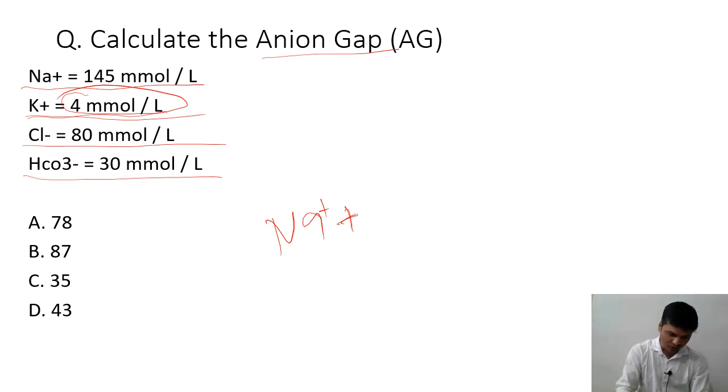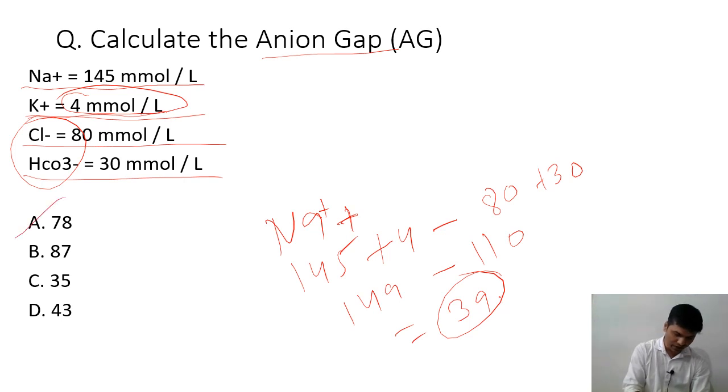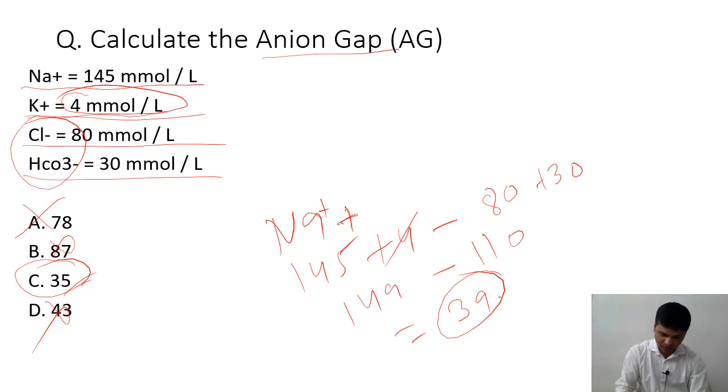Sodium plus potassium, so sodium is 145 plus 4, minus chloride plus bicarbonate. Chloride is 80 plus 30. So 149 minus 110 equals 39. Here the options are 78, 87, 35, and 43. 43 is not there. 35 you can say, because potassium was not included.